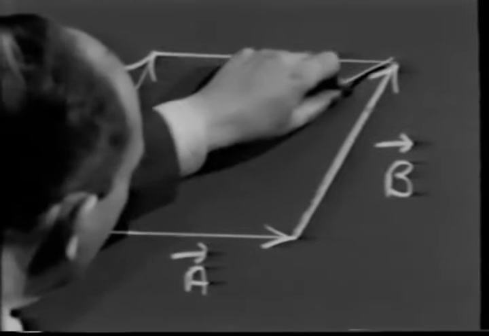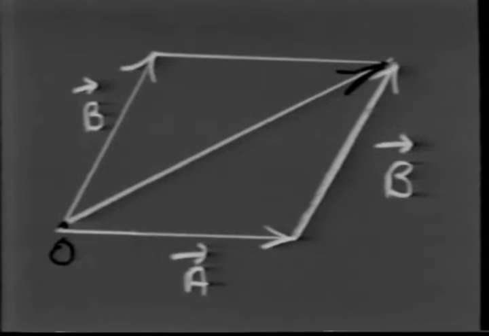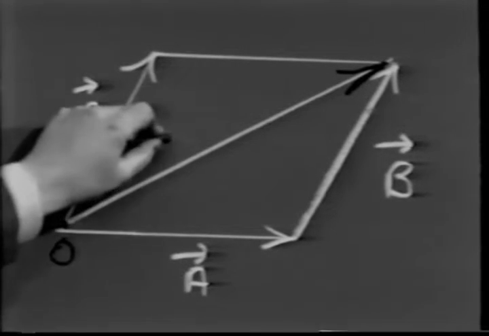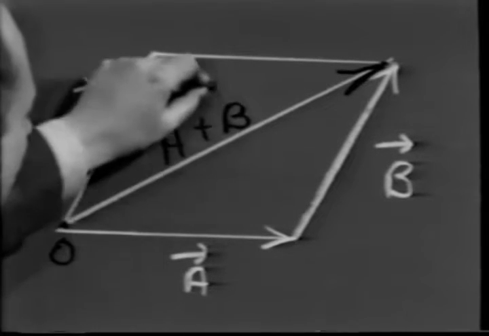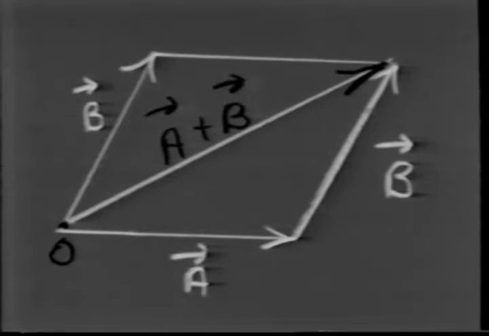In other words, this vector here was what in the old days was called the resultant. Because that has such a nice usage, I am going to call that the sum of two vectors. Okay? By the sum of two vectors, I mean what physically used to be the resultant.